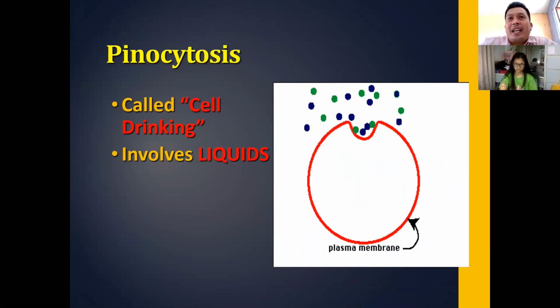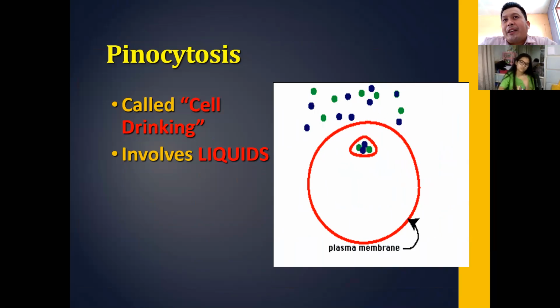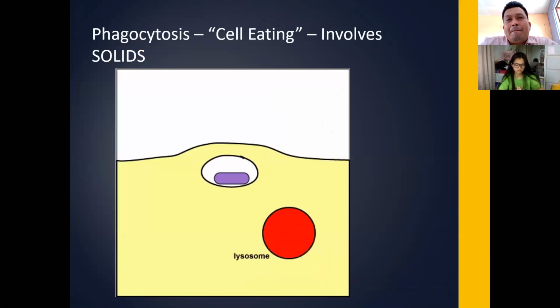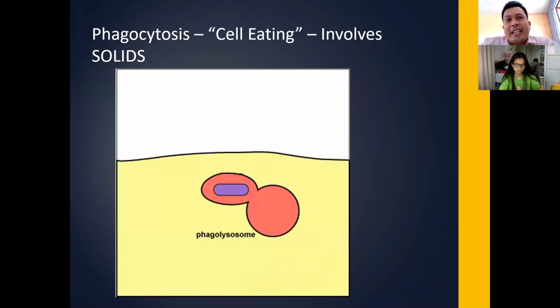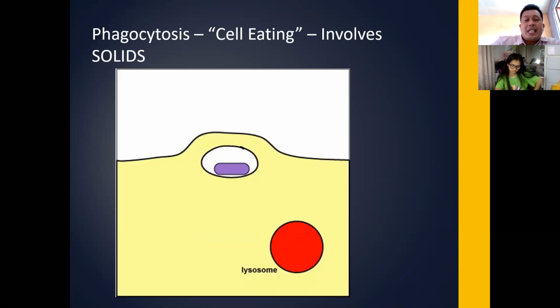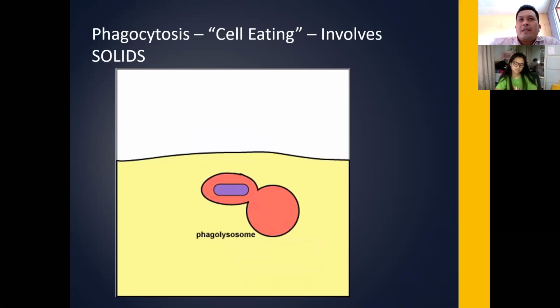This is the cell drinking. Notice, it's like engulfing the molecules together with the fluid from the outside. But when you talk about cell eating or phagocytosis, it goes with a phagocytic vacuole, and then the lysosome will disintegrate it, and eventually the large tablet-shaped, bacillus-shaped molecule will be disintegrated by the lysosome.